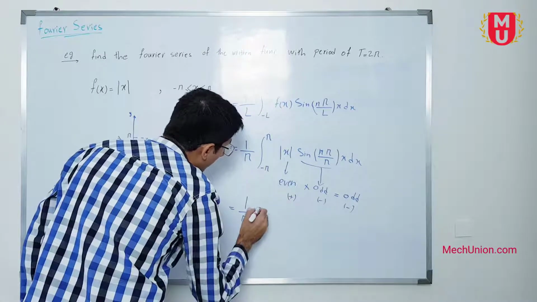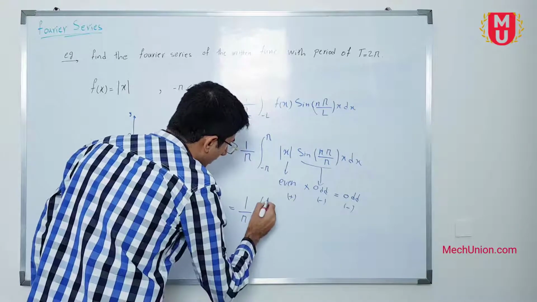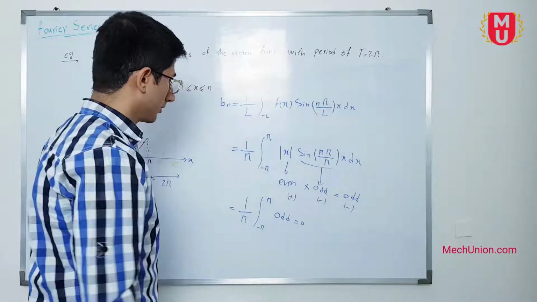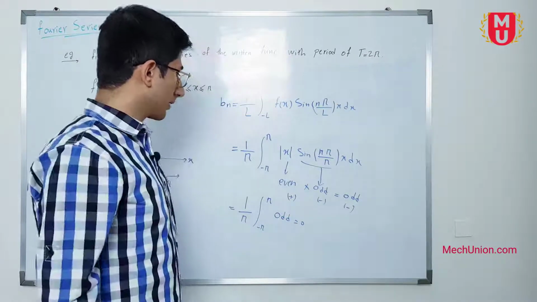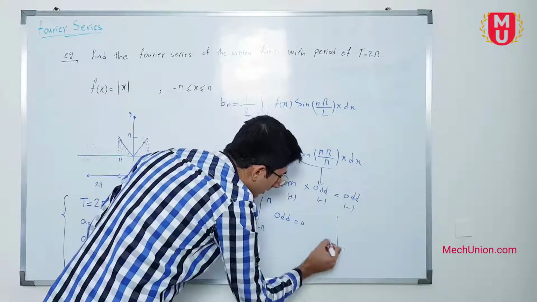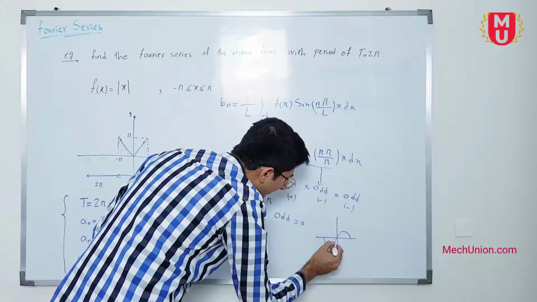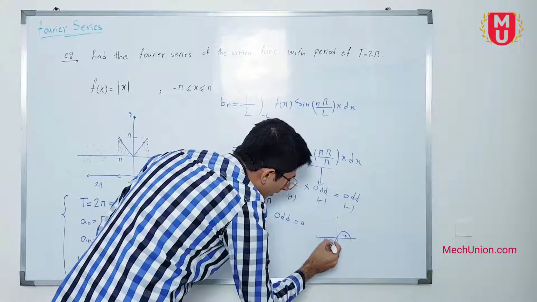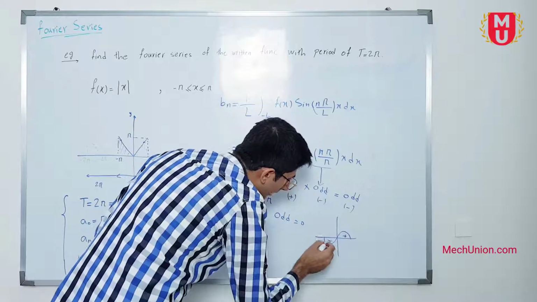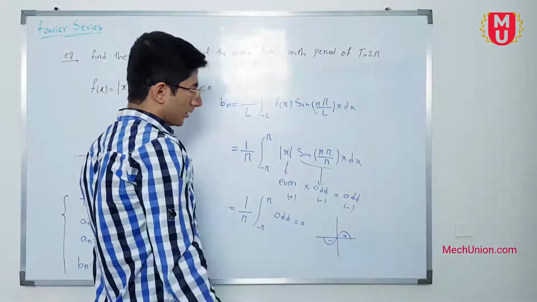So 1 over pi, this is minus pi to pi, it is an odd function, its integral is 0. That's it. As a reason, you can draw this odd function. It has a positive surface and this is the negative one. They will neutralize each other.